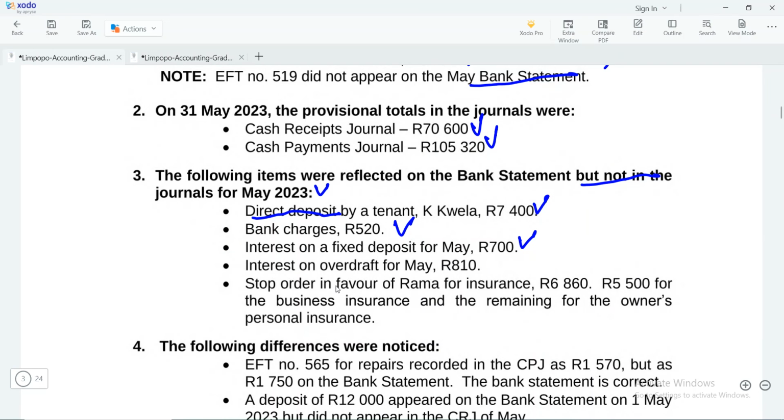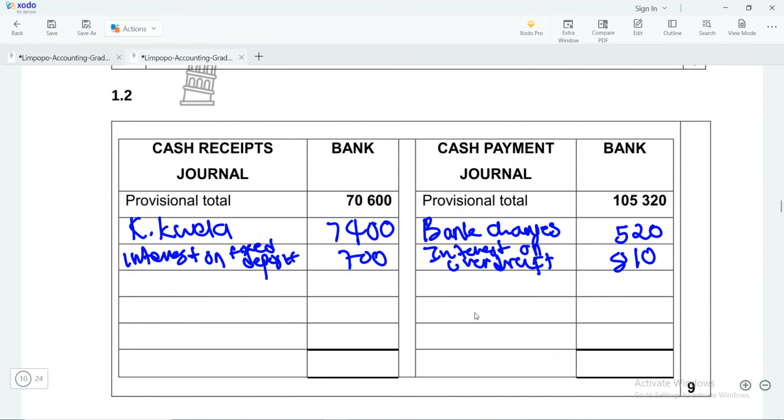You have already recorded this, and then we have stop order in favor of Rama for insurance. So we are paying someone insurance. That stop order is 6,860, but they are saying that 5,500 for the business insurance and the remaining for the owner's personal insurance. So we can check 5,500 is for insurance. Now we can just write 5,500.